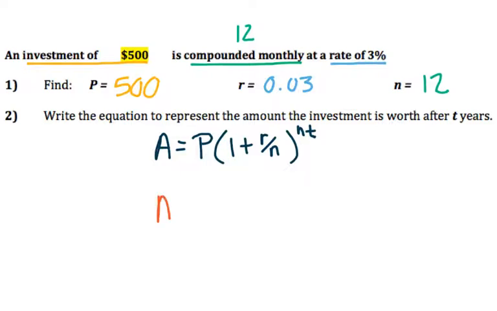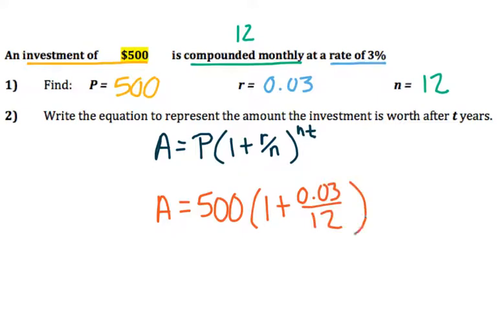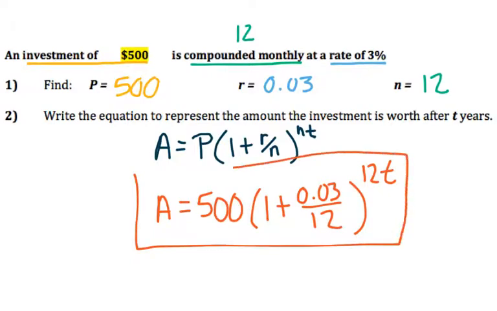And we get A is equal to our principal, which is 500, times 1 plus R, which is 0.03, over 12. Close our parenthesis, and then we have 12t. And this is our equation to represent what this investment is worth after a certain number of years t.